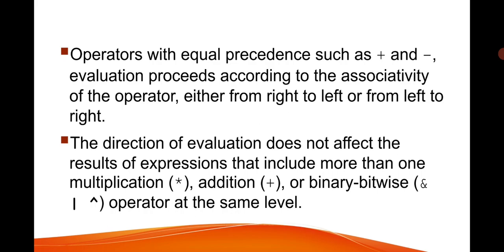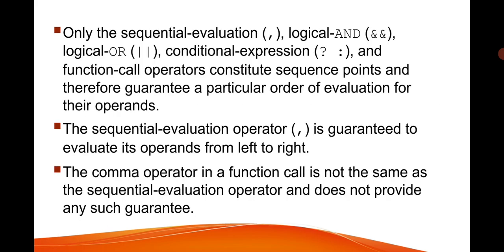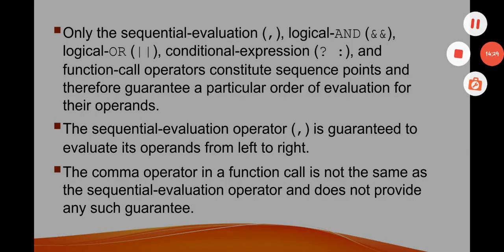The direction of evaluation does not affect the results of expressions that include more than one multiplication, addition, or binary bitwise AND or OR operator at the same level. Only the sequential evaluation, logical AND, logical OR, conditional expression, and function call operators constitute sequence points and therefore guarantee a particular order of evaluation for their operands.